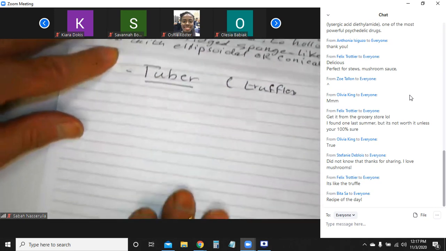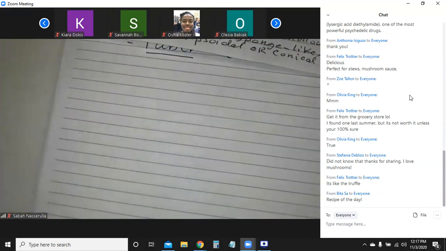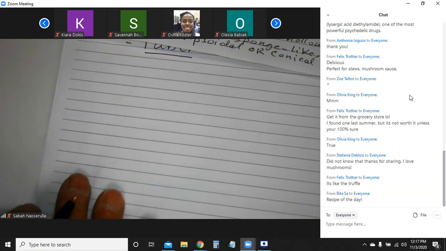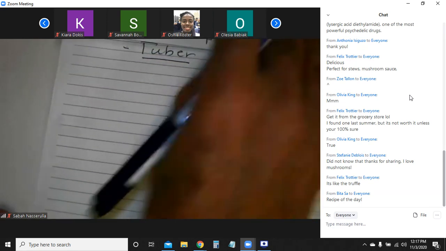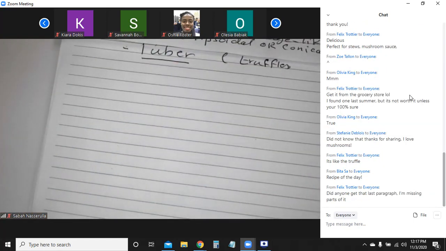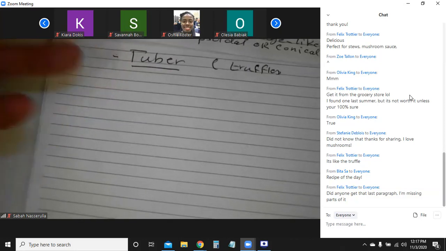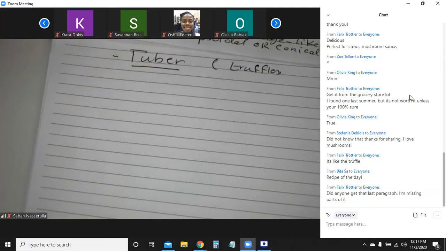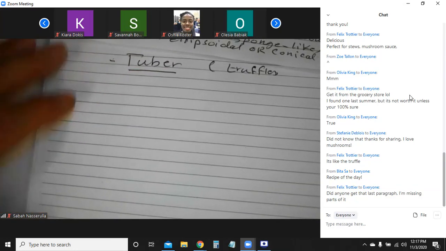We'll talk about it a little bit here. Of course, truffles are produced under the ground, and the smell sometimes allows animals to dig them out, and that is basically the way they are collected.